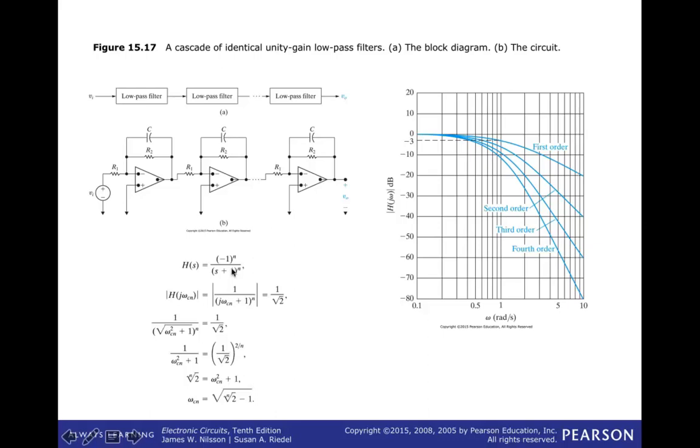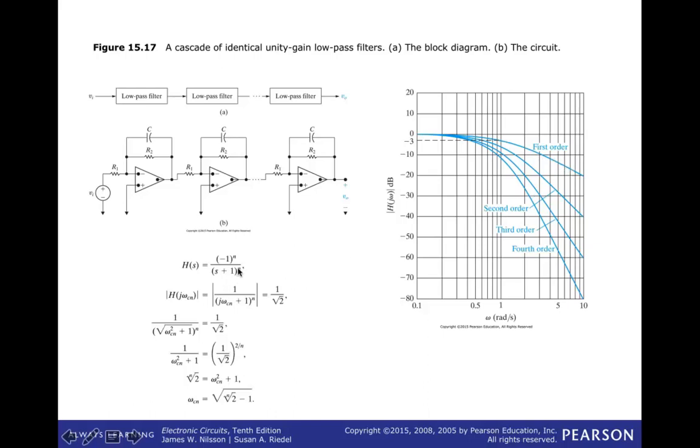Now, as you know, that breakpoint occurs at this pole, and the slope above the breakpoint depends on the power of the pole, or the order of the pole. So in this case, for the first order filter, it's just s plus 1, so we're at -20 dB per decade.